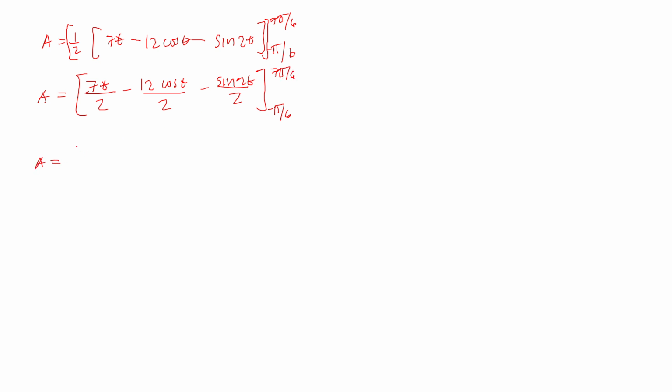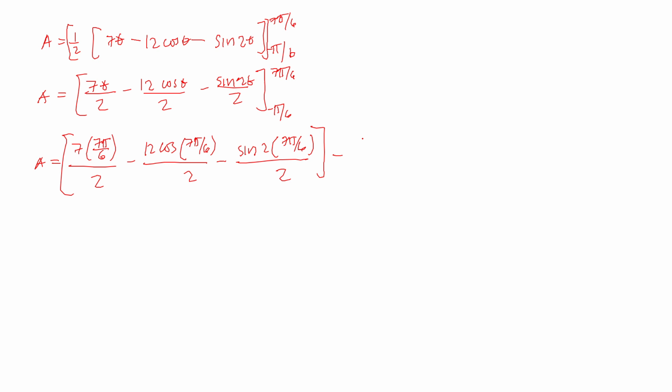So area is 7 times 7 pi over 6 over 2 minus 12 cosine of 7 pi over 6 over 2 minus sine 2 times 7 pi over 6 over 2.